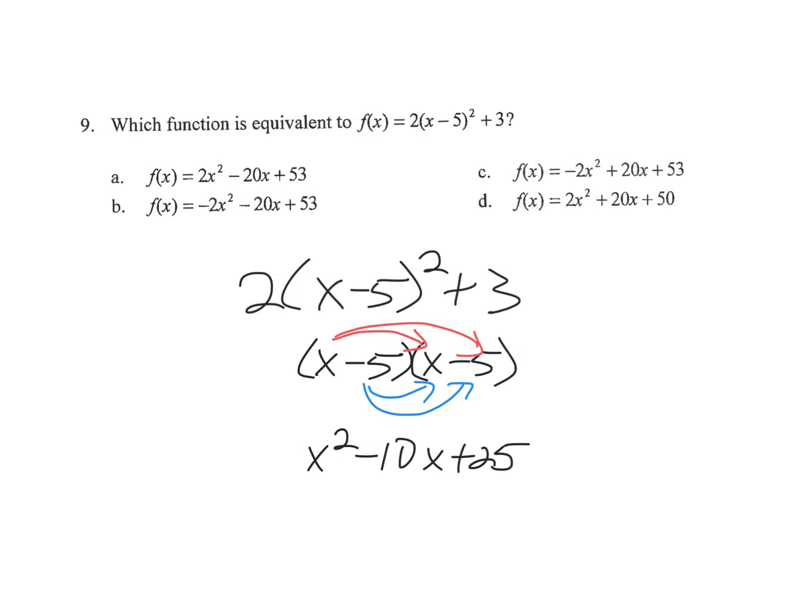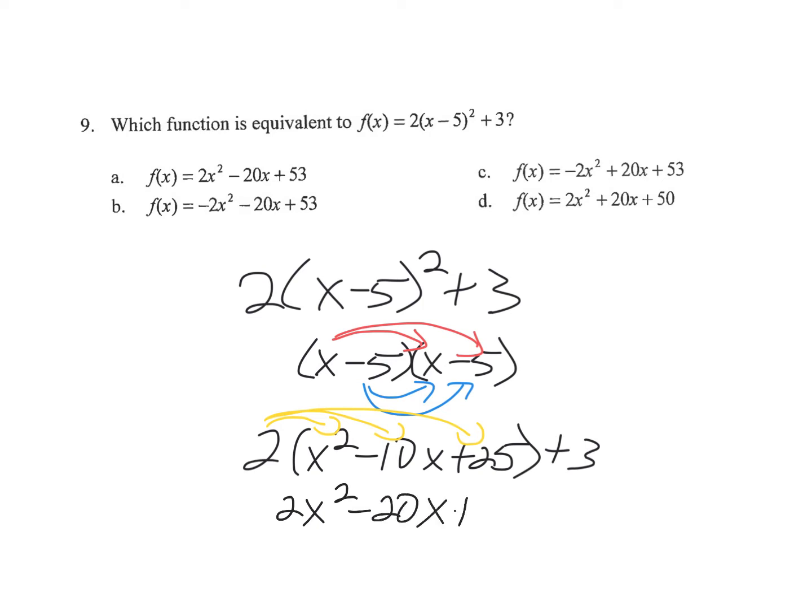Then we need to remember that we multiply all that by 2 and add 3. So I'm going to put this back into parentheses and multiply it times 2 and add 3. This times 2 means we have to multiply every one of the terms in this trinomial times the 2. So we end up with 2x squared minus 20x plus 50.